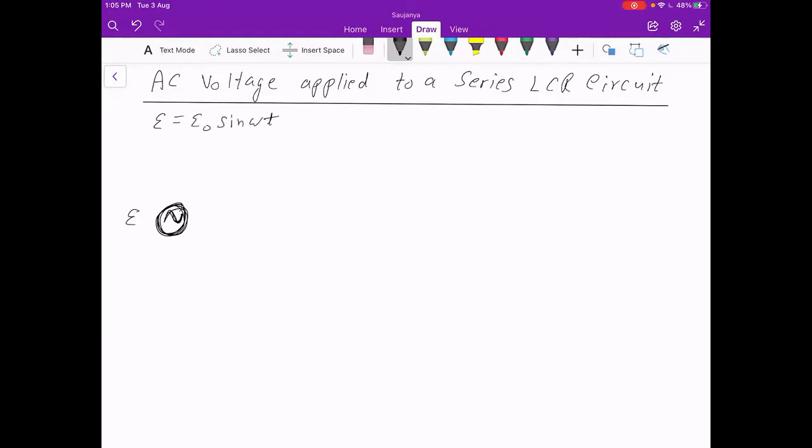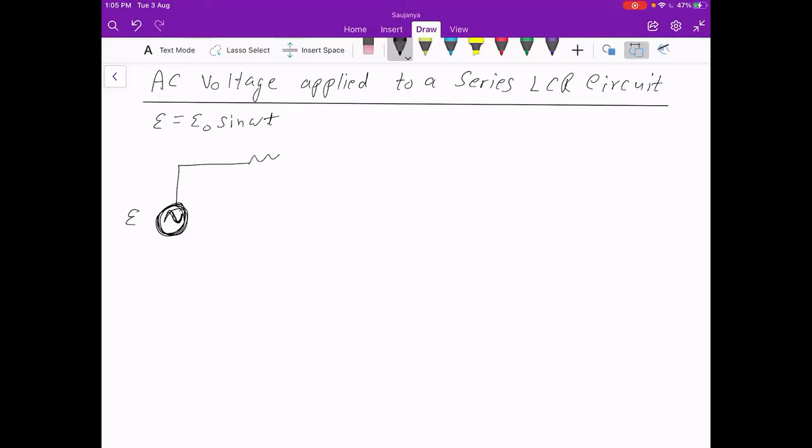Then you are connecting three elements onto the circuit in series, as the name suggests, series LCR circuit. So series LCR circuit means you are applying L, C, and R all in series. You can take any sequence actually, it doesn't really matter.